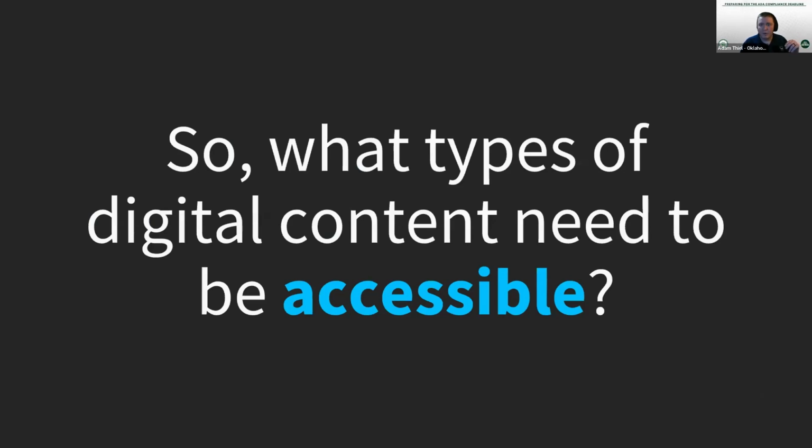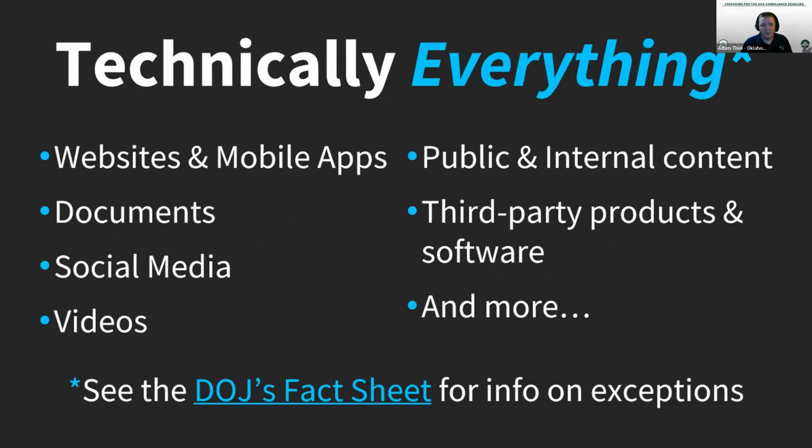So, more specifically, what types of digital content need to be accessible? We already talked about websites and mobile apps and documents, but that also includes any social media posts, any kind of video content, public and internal content again, and third-party products and software. The fact sheet that I mentioned earlier from the Department of Justice does a good job of listing some exceptions. There are 5 exceptions listed in the rule.